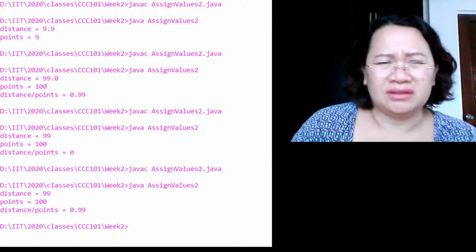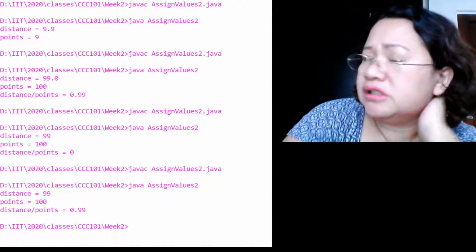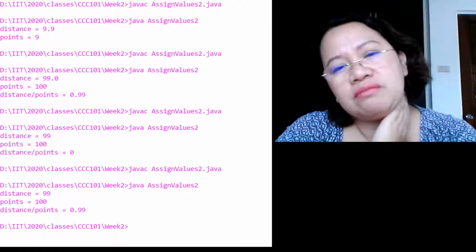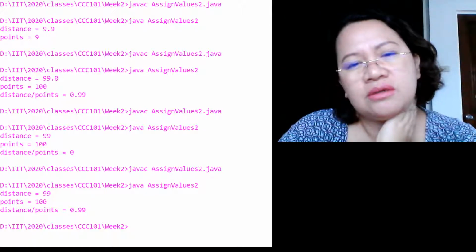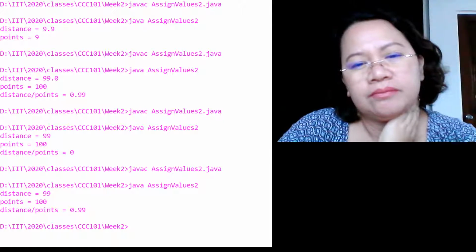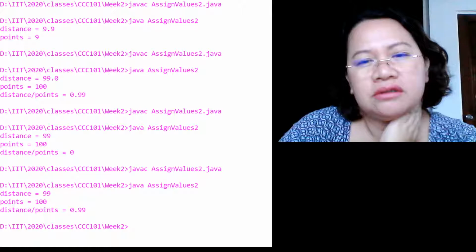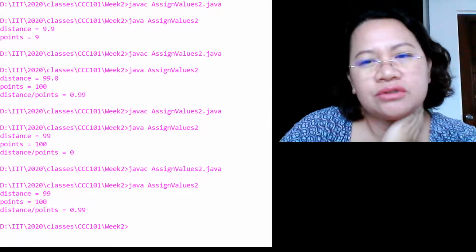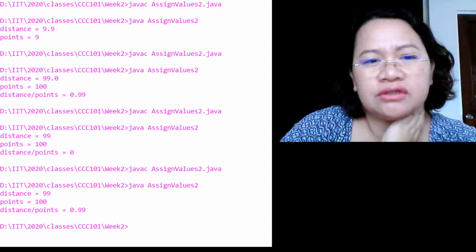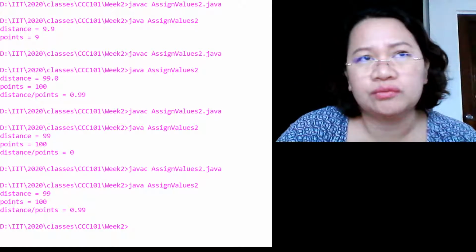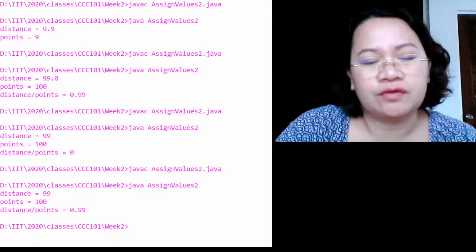Okay. The modulo operator, mod is actually the remainder. No? It gets the remainder of the division, di ba? The mod operator is used with operands of integer type to obtain the remainder after the division. You cannot apply mod to double data types or floating point types.